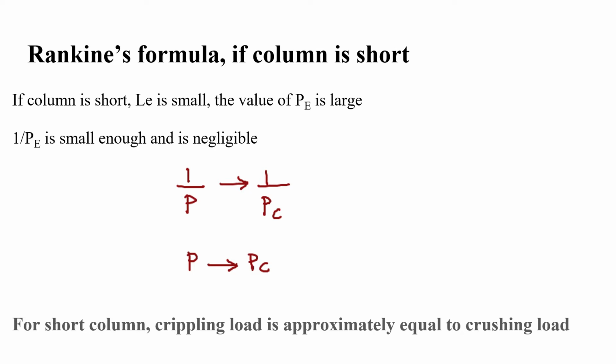So P tends to be Pc. That is, the Rankine's crippling load will be equal to the crushing load of the column, Pc, given by sigma c into A. That is, in the case of a short column, the crippling load is approximately equal to the crushing load.